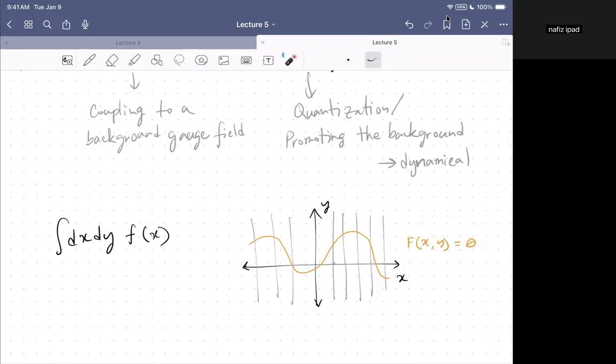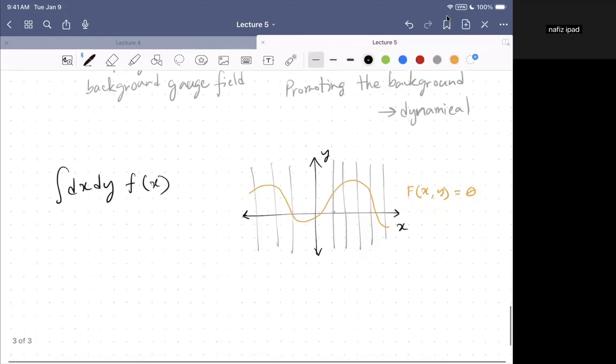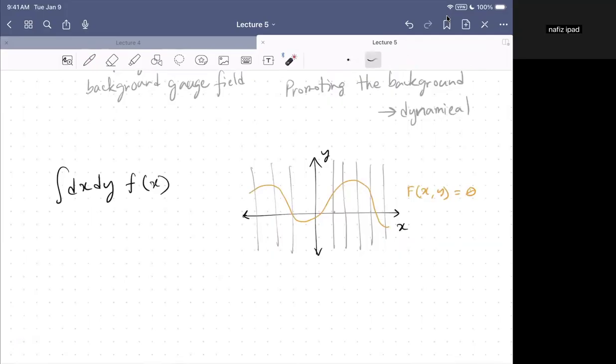Let's say that we want to do an integration over this line. So what can we do? The most obvious choice is that maybe we can insert a delta function here, a delta function that is only non-zero on this line and zero everywhere else. Then obviously this integration will localize to the line, right? So let's try to do that.